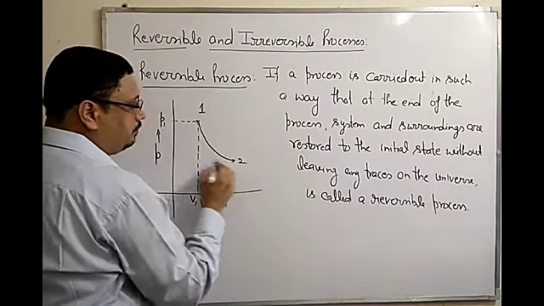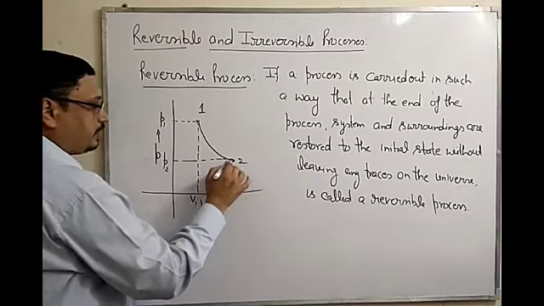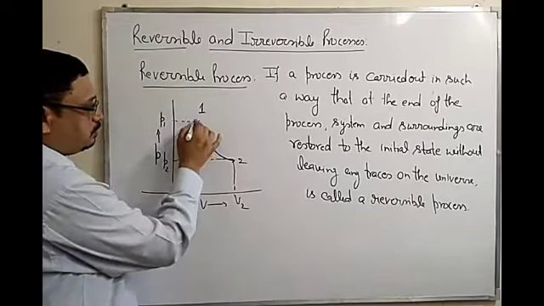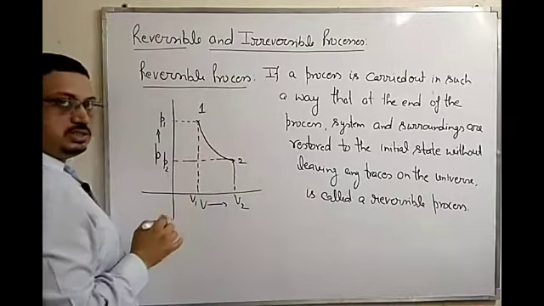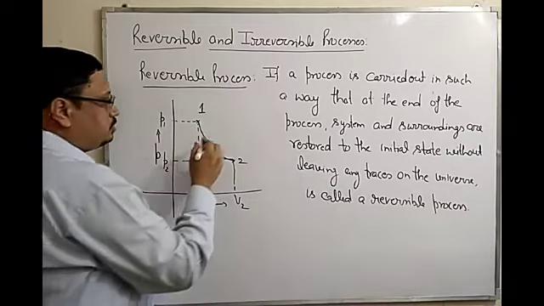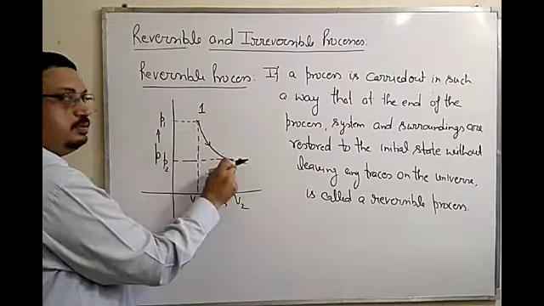This is state 2, and this state is defined by P2 and V2, and this process is carried out in such a way that all the intermediate states are equilibrium states. So the system moves from state 1 to state 2 through all the equilibrium states.